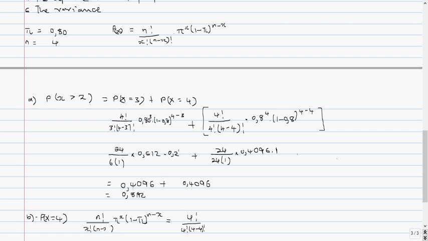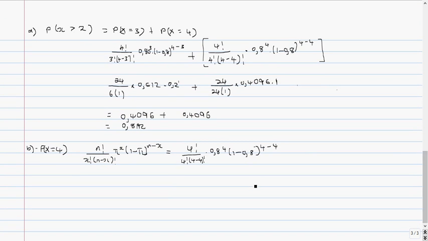I'll write x there, and my factorial is supposed to be outside. That's the only problem. And then 4 minus 4 factorial on this one, and then we're now substituting for pi, our probability of success, which is 0.8 to the power of x, which is 4, open bracket 1 minus 0.8 to the power of 4 minus 4, which is entirely this that I had already highlighted.